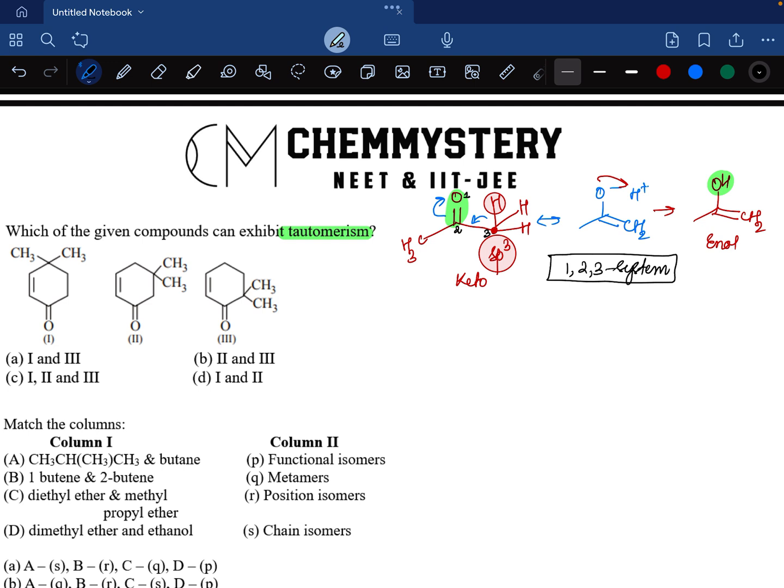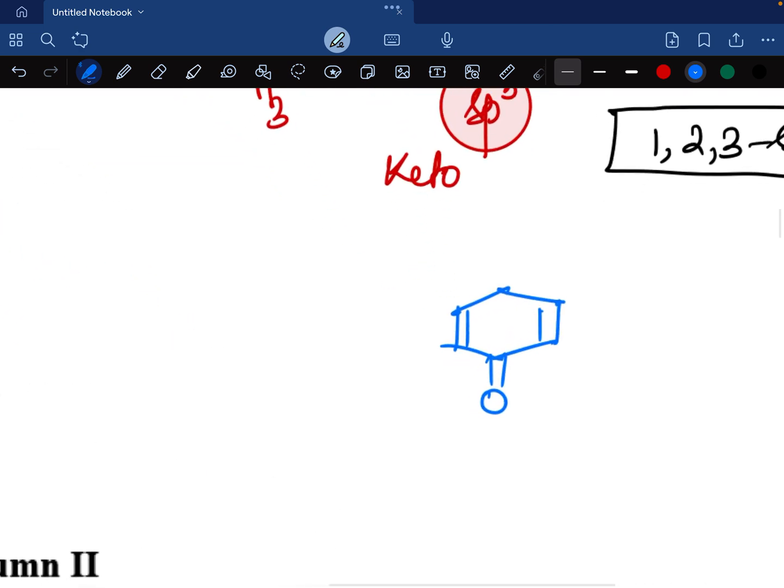Now, we also see keto-enol tautomerism in other systems like the 1,5 system. What is the 1,5 system? Let's see. If I have a keto group like that, and the alpha carbon is not sp3 or there is no alpha hydrogen, any one of the conditions is not satisfied, so what will happen?